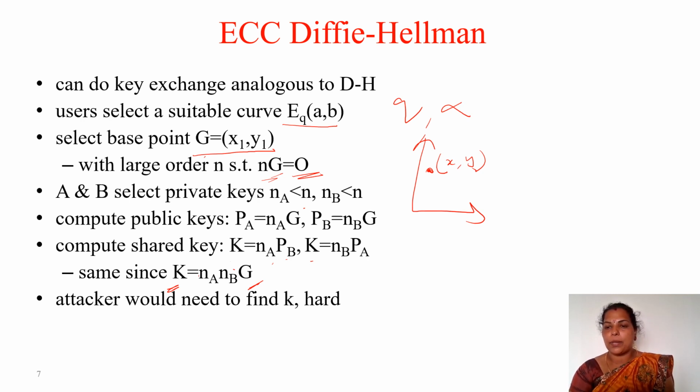In elliptic curve cryptography the attacker has to find K, but it is a very hard problem, because we know Q equal to kP. If you know the P value as well as the Q value, and you want to compute the K value, it is very difficult. It is a hard problem in elliptic curve cryptography.